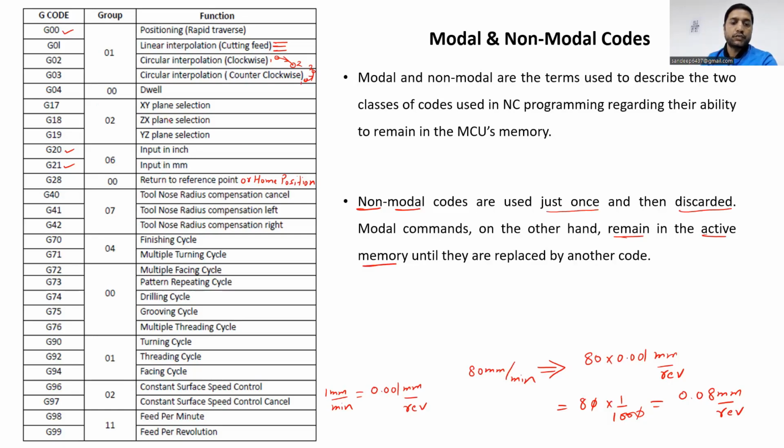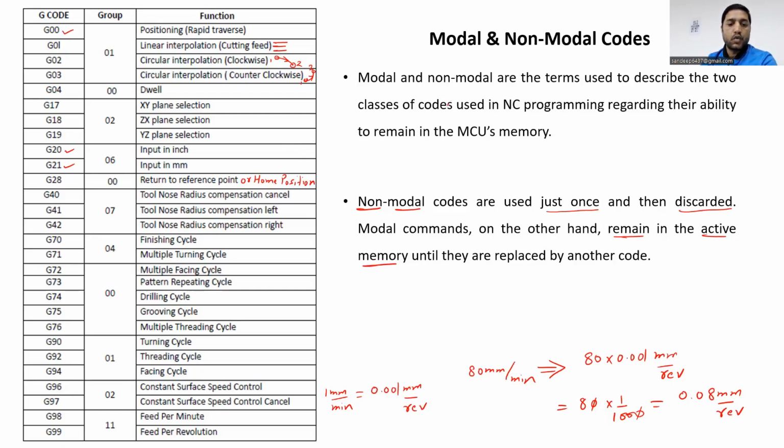However, we can have codes from different groups active simultaneously. For example, G01 and G20 belong to different categories, so we can use both codes simultaneously.